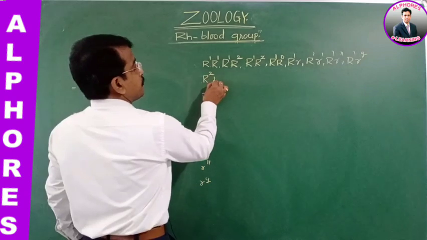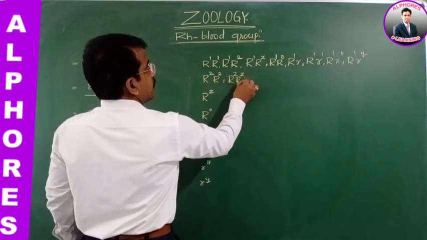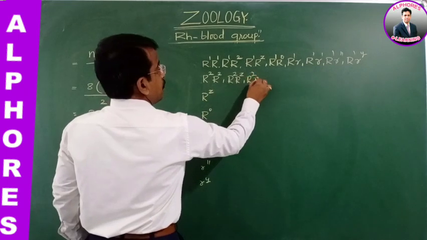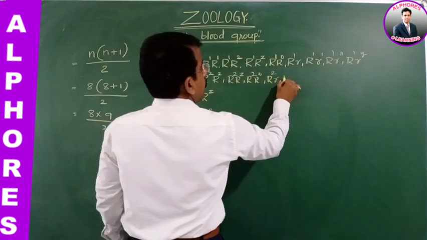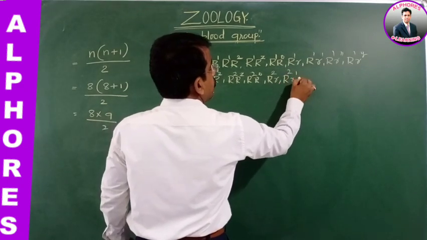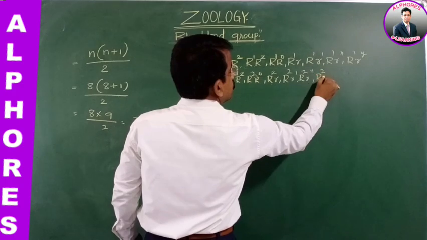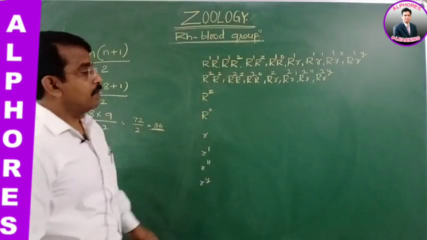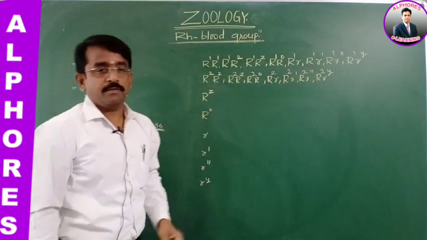Next, capital R2 R2, R2 RZ, R2 R0, R2 small r, R2 small r1, R2 small r2, R2 small ry. 1, 2, 3, 4, 5, 6, 7.